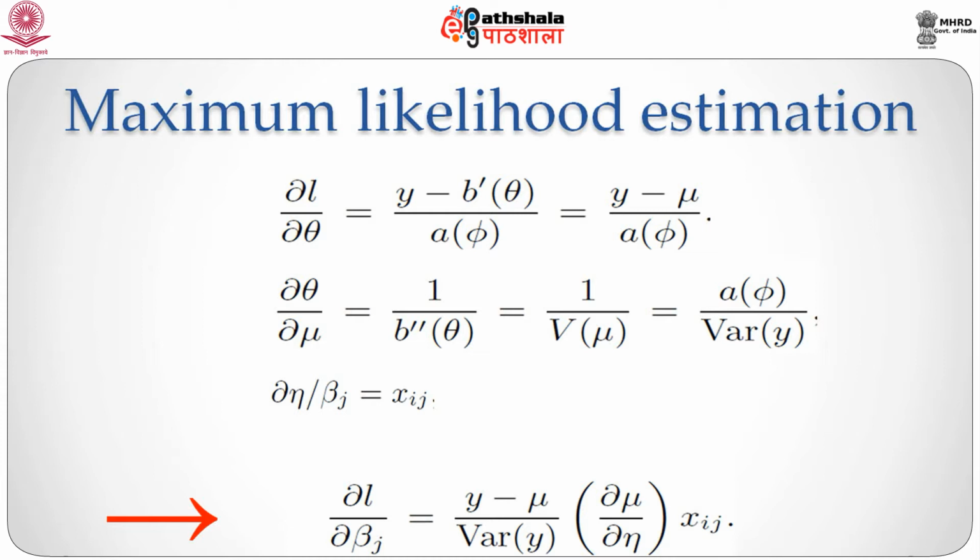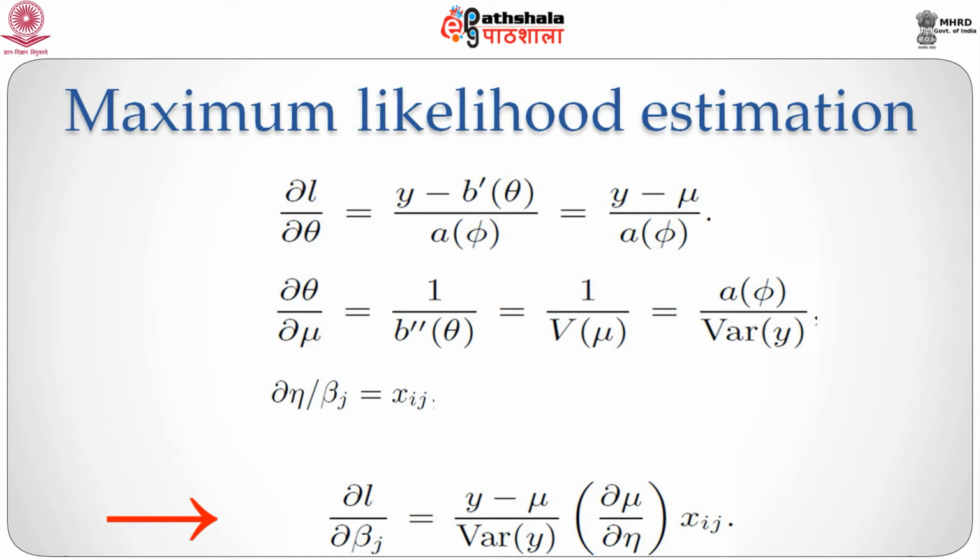Del theta del mu is equal to 1 over b''(theta) equal to 1 over v(mu), v being the variance function, or alternatively this is equal to a(phi) over variance of y. We have used the result that for one parameter exponential families, v(mu), the variance function, is given by b''(theta) up to a scalar a(phi).